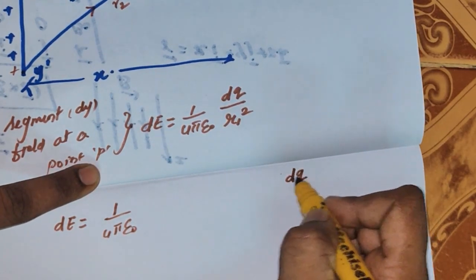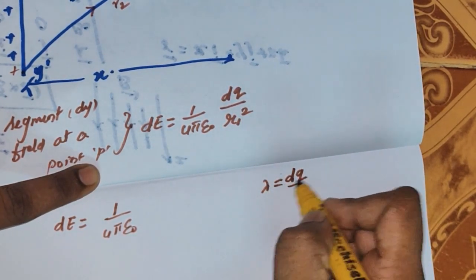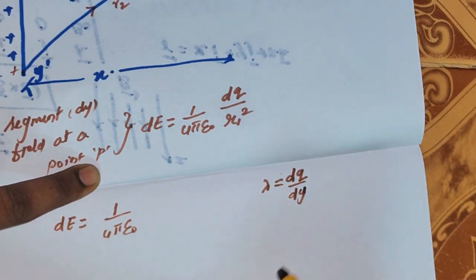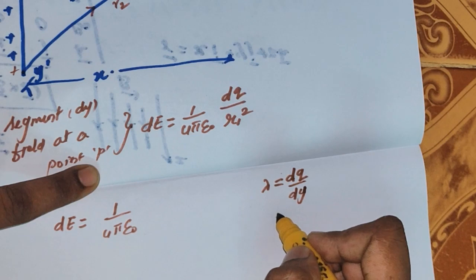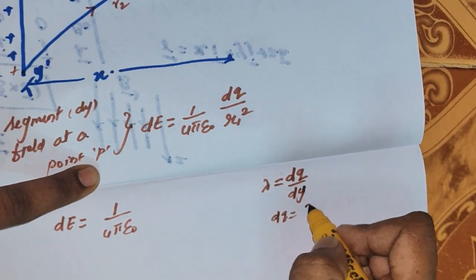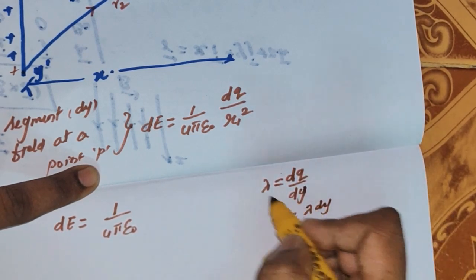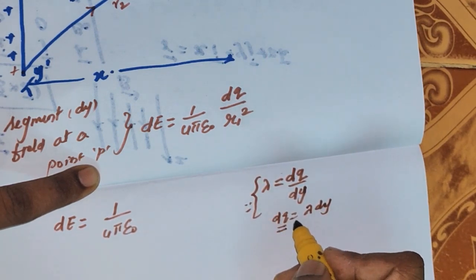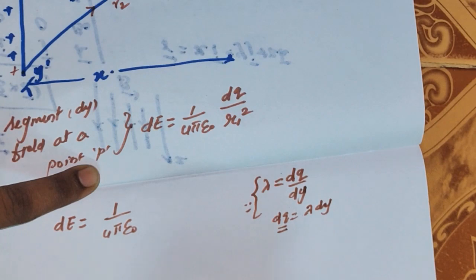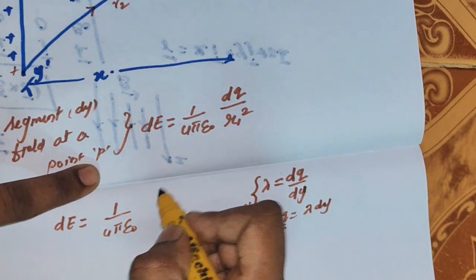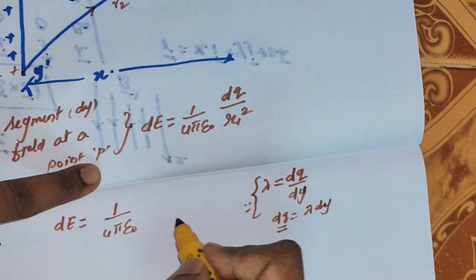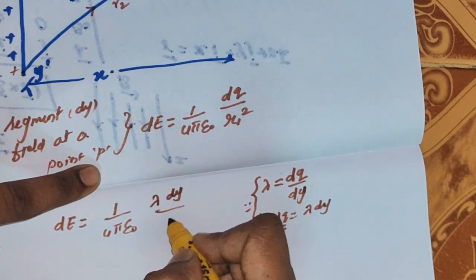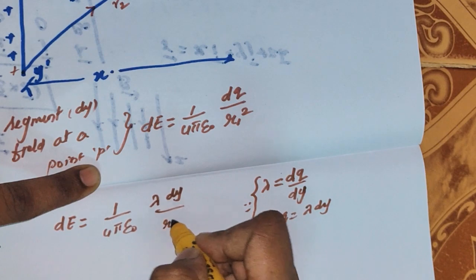The charge density is the charge divided by the unit length, so for the small segment dy, dq equals lambda times dy. So dE is 1 by 4 pi epsilon naught times lambda dy divided by r1 square.